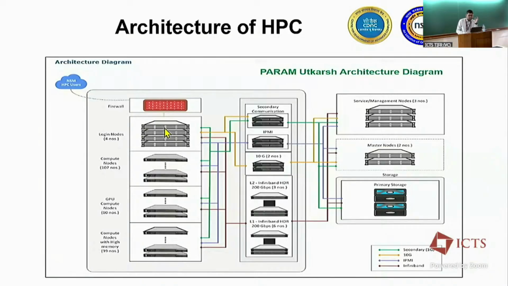But if your task is compute intensive, suppose we have thousands of users on each cluster. We have 18 plus supercomputers in the IITs and ISC and all, like in the research organizations, as you know. So this is the standard architecture, right? Slurm is a resource manager, while the login node is just for normal operations.